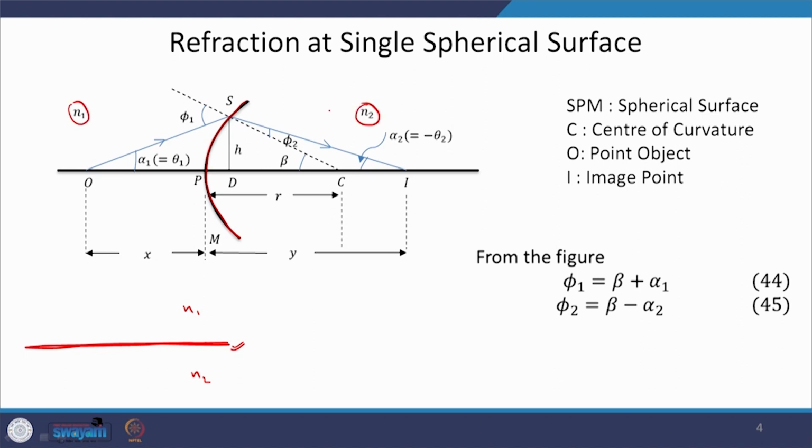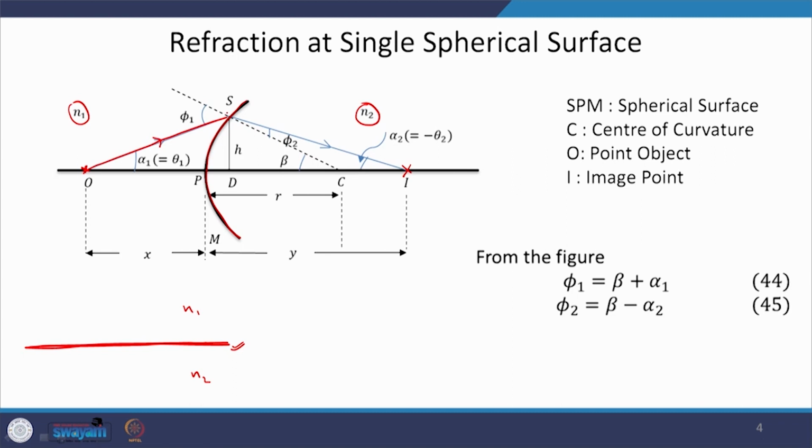A source is kept at point O, and an image is being formed at point I. Now, we will analyze what is happening in this figure. Since the point source is at point O, the ray will start from point O and fall at some angle at this curved interface. Now, where will the ray go?